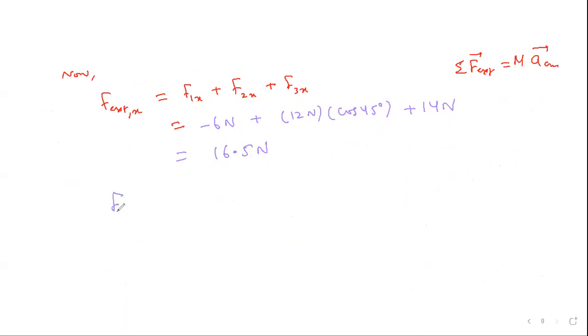Similarly, F external x we have what? Then we have F external y, which will be F1y plus F2y plus F3y. Now you can check it yourself. F1y is 0. F2y is 12 Newton into sine 45.